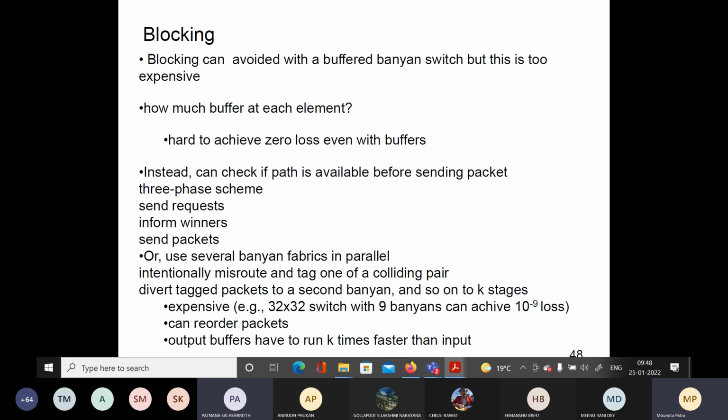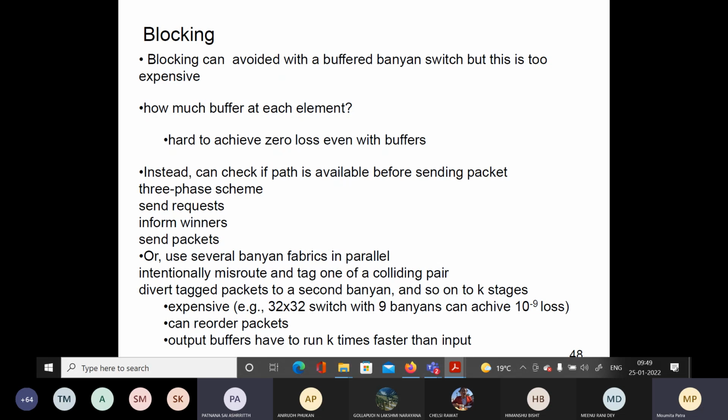Now how do we avoid blocking in case of a Banyan switch? We have seen that there are many ways of avoiding blocking. One way you can think of is, let us have buffers. Buffers at each element becomes expensive. Also, even if you have buffers, you cannot guarantee that you will not have any loss.